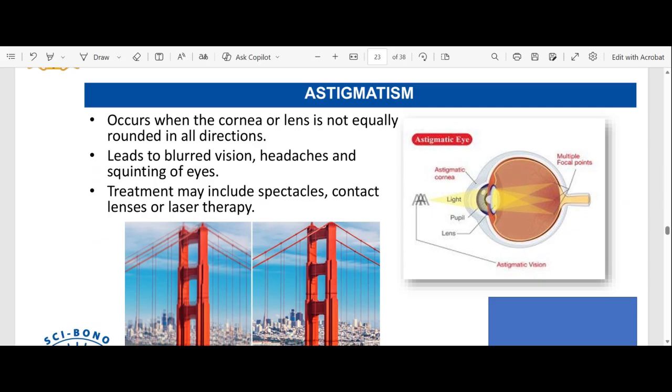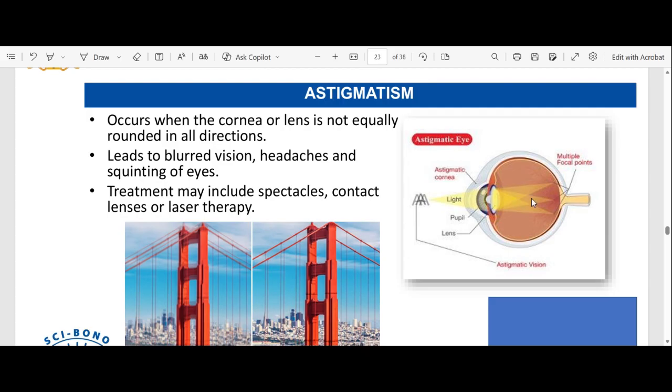So let's look at astigmatism. Astigmatism, our third defect. So astigmatism is when your lens, right, is unevenly rounded. So it's unevenly rounded, or it's not equally rounded, right? Remember, for a lens to focus the light on your retina, it needs to be evenly rounded. It needs to be biconvex, right?